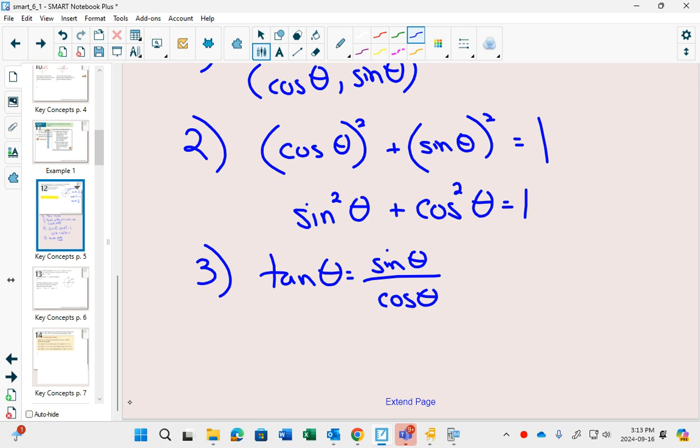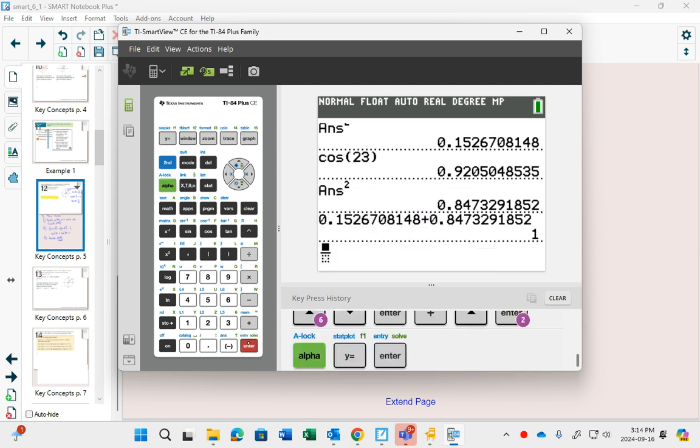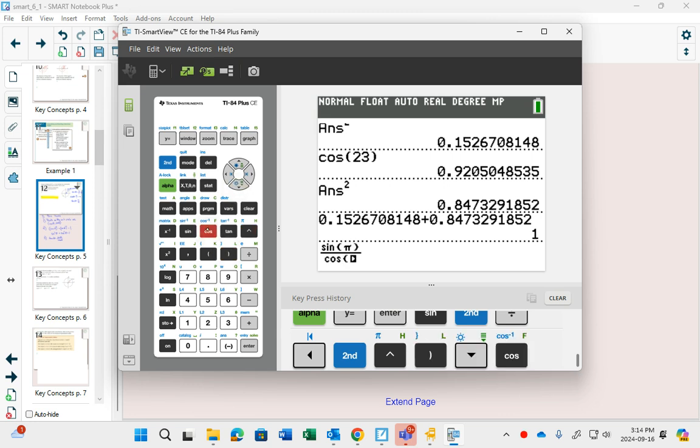We can double check this. Let's try to pick a really hard angle to confuse our calculator. Pi, let's do pi. So I'm going to try and write sine of pi, oops, that's e, that's a different crazy number. Here we go, sine of pi divided by cos of pi.